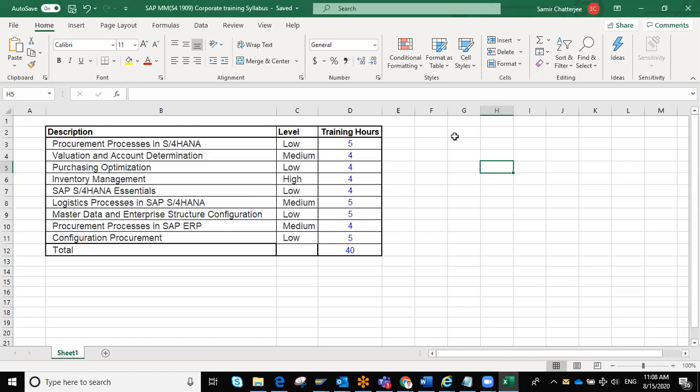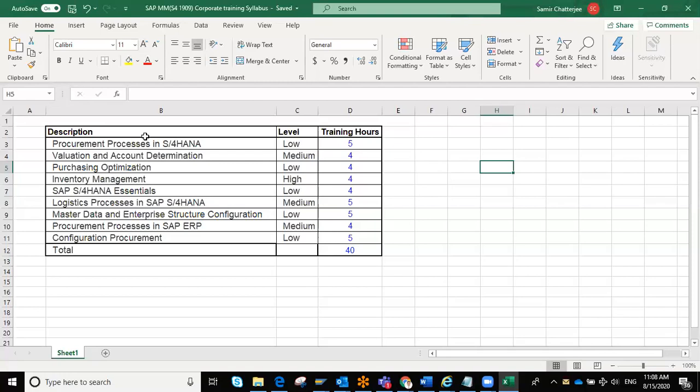We have got very specific syllabus for S4 HANA Material Management 1909 edition, which involves very specific contents as shown in the screen.